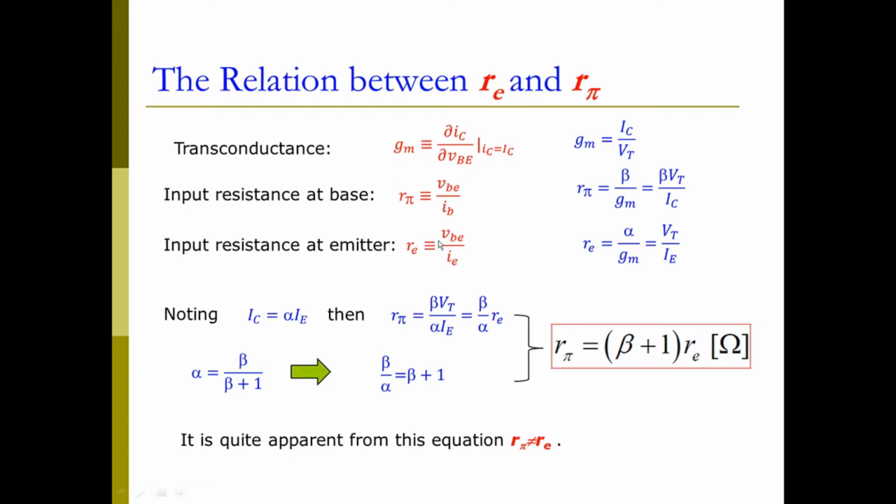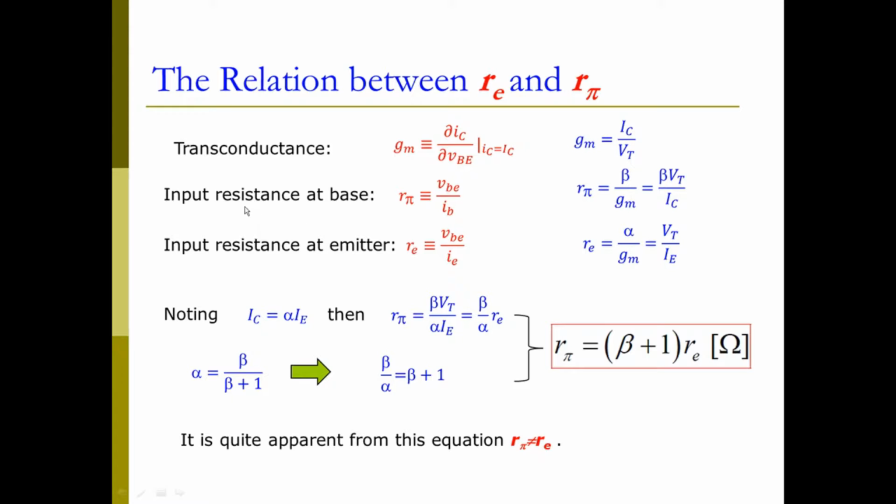And here I can show you how we can get the relationship we showed you in the previous slides. R pi will equal beta plus 1 times RE. Now from the definition of transconductance, this is the definition, and this will give us the calculation formula.